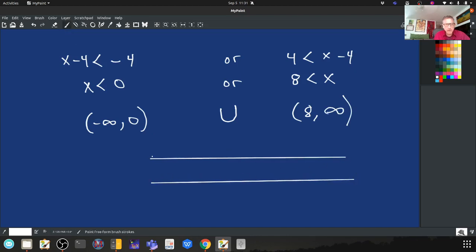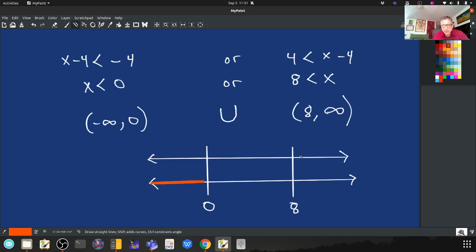So two number lines, in two ticks. One of those is going to represent 0, and the other is going to represent 8. For the top value, for the bottom value, we take all numbers less than 0.